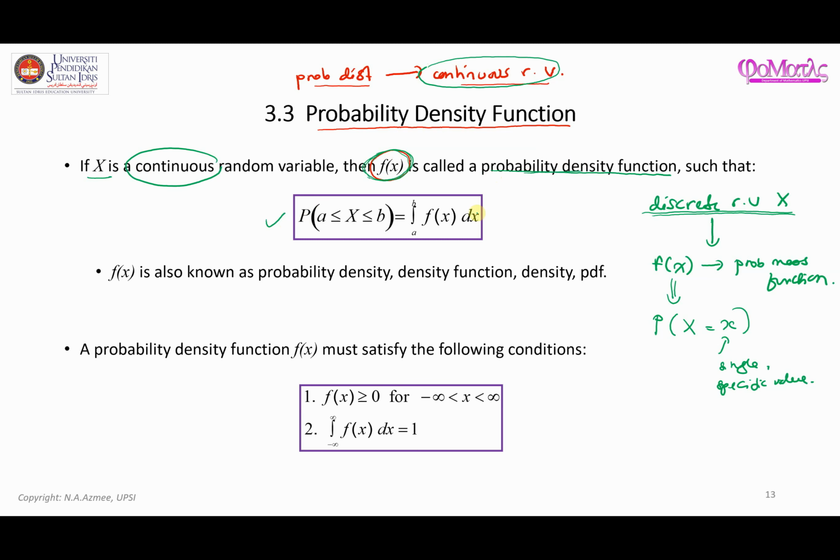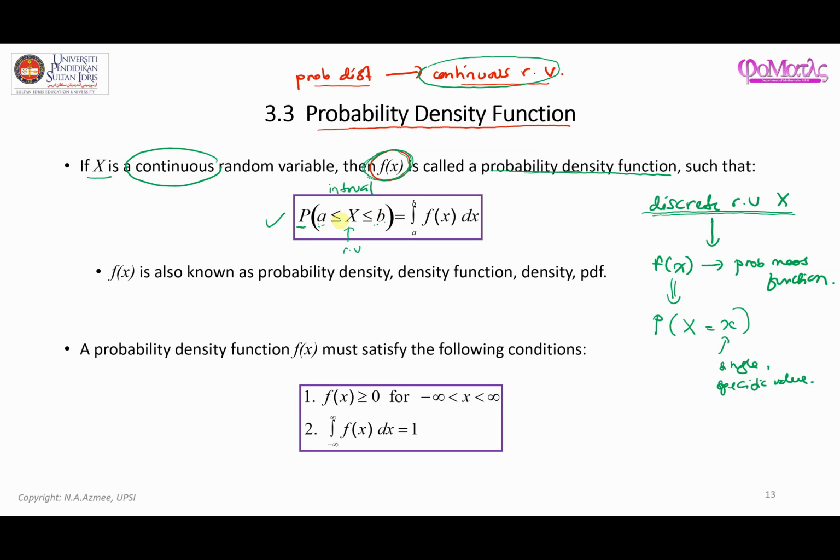what the statement is saying is that if you want to find the probability of our random variable being between two values, between a and b, the probability is described in terms of an interval. So x, our random variable, is between a and b.